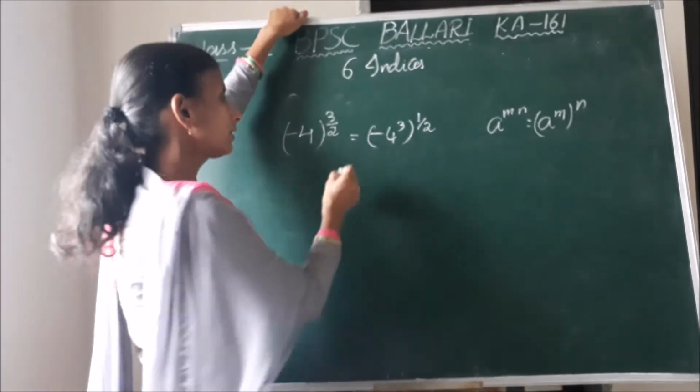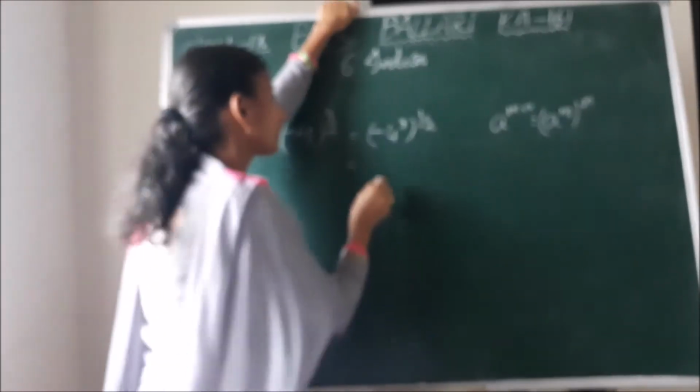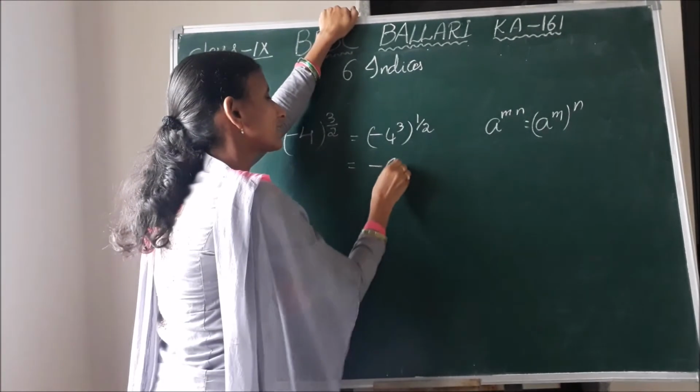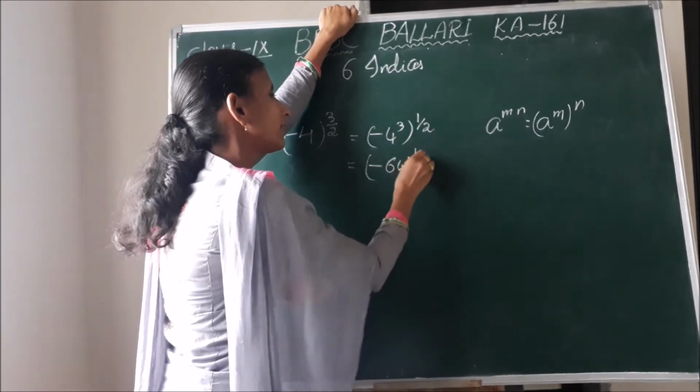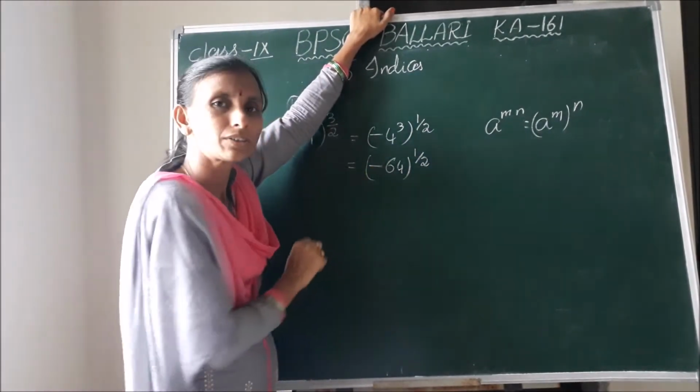I am writing it as minus 4 power 3 whole power 1 by 2. Now minus 4 cube gives minus 64 whole power 1 by 2. Here it is negative.